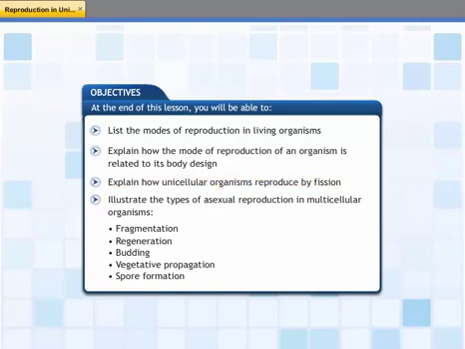And illustrate the types of asexual reproduction in multicellular organisms: fragmentation, regeneration, budding, vegetative propagation, and spore formation.